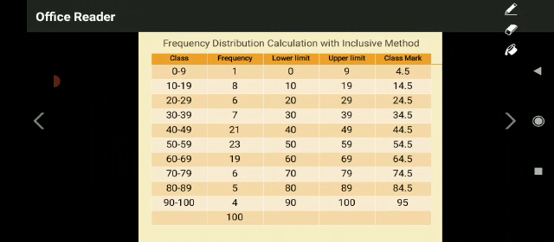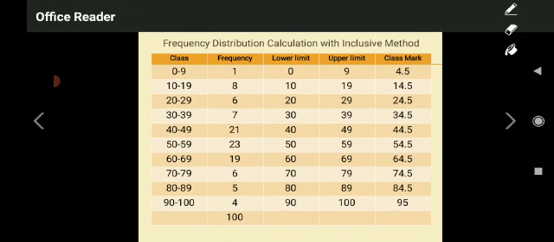In the inclusive method of frequency distribution calculation, the upper limit of the first class interval is always included. It means the first class interval is 0 to 9. So whatever observations come between 0 to 9, all are included in this class limit. That you have to understand.